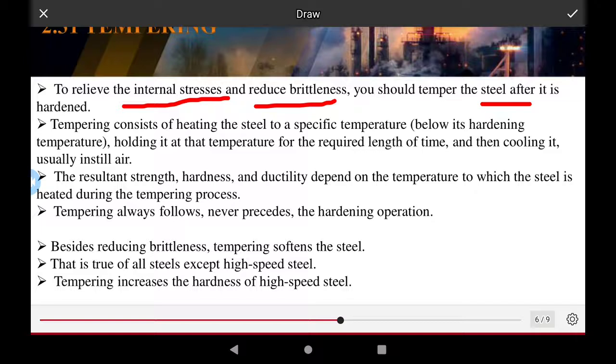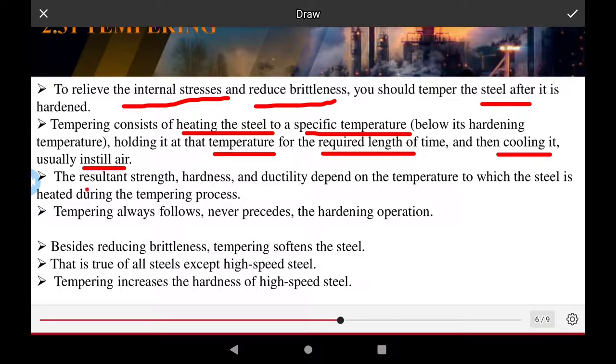Tempering consists of heating steel to a specific temperature below the hardening temperature, holding it at that temperature for the required length of time, and cooling it, usually in still air.